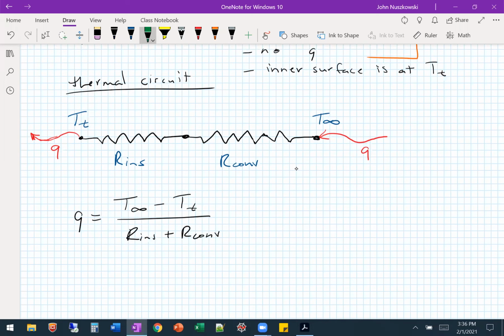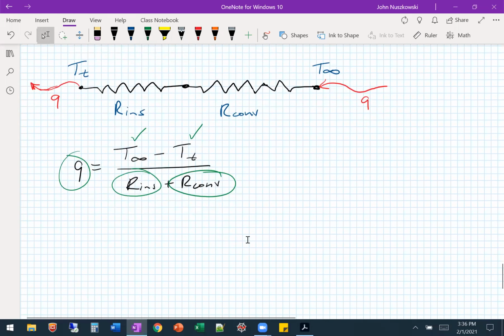So in this case, we have T infinity, we have T tank, but we don't have Q, and we don't have our resistance equations yet. So let's write down the resistance.